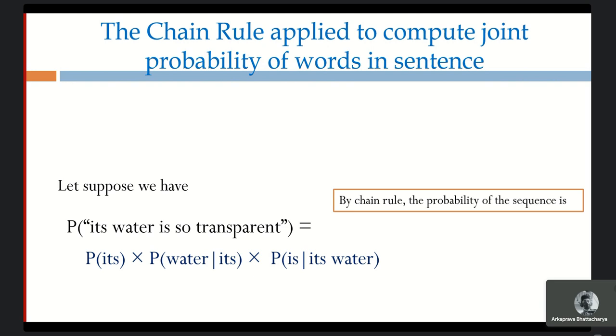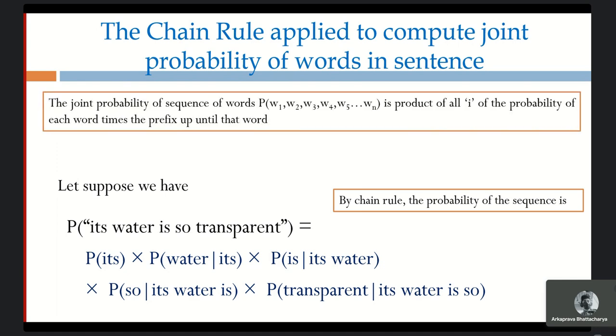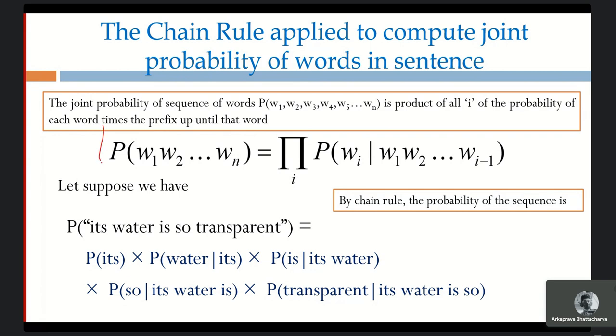The probability of its, probability of water given its, probability of is given its water, probability of so given its water is, probability of transparent given its water is so. So the joint probability, this is what we are trying to look for. That is the probability of its water is so transparent. If I want to find, that could be the probability of the previous words given the next word.